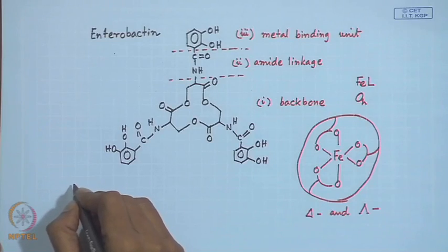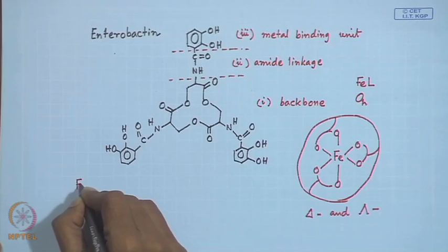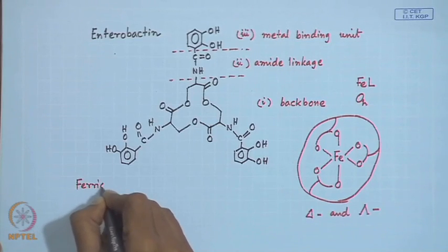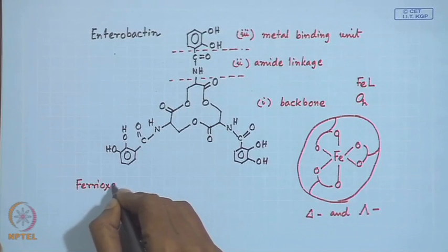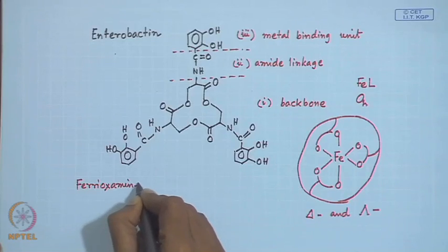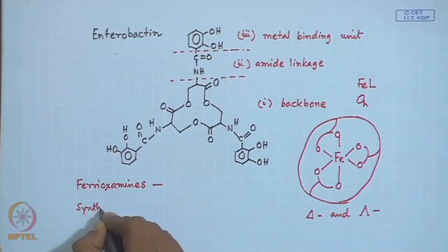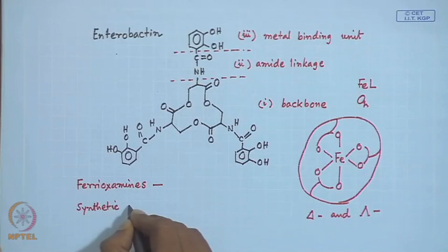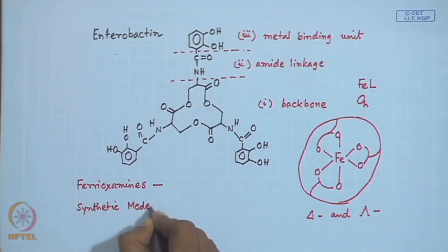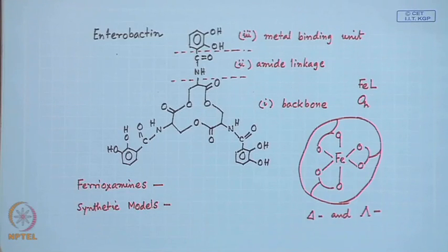Next day we will see some other groups, like ferrioxamines and some synthetic models, how good they are for iron chelation, and what types of these linear molecules might have medicinal importance.